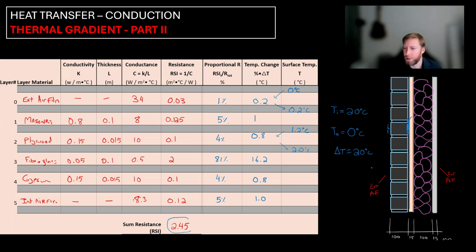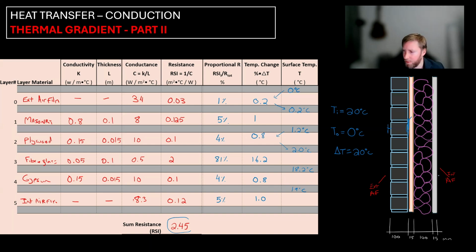So it's still quite cold all the way up to the inner surface of the plywood. Now, if I go to the fiberglass batt layer, we see that there's 16.2 degrees Celsius in temperature change. So we're going to add 16.2 to the 2, and that's going to be 18.2 degrees Celsius. And if I add 0.8 to 18.2, then I should get 19 degrees Celsius.